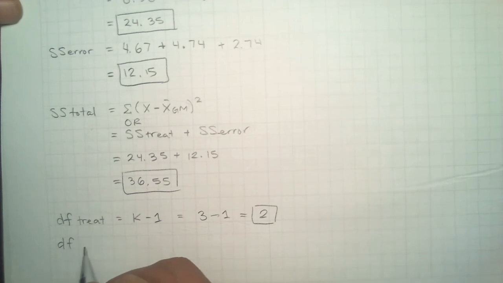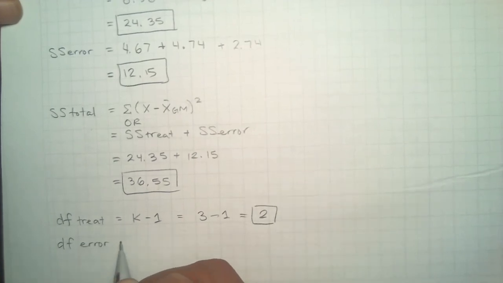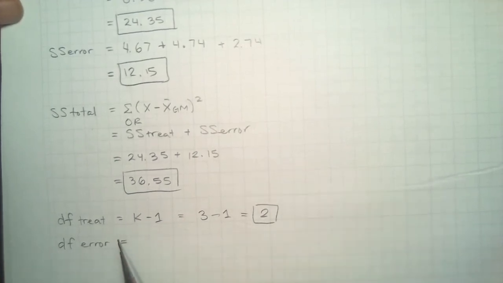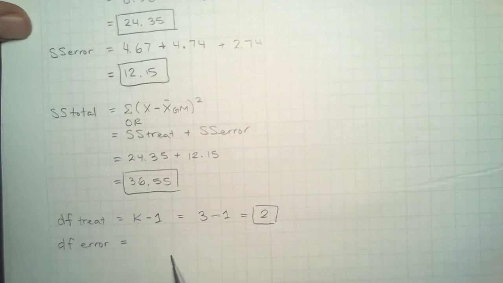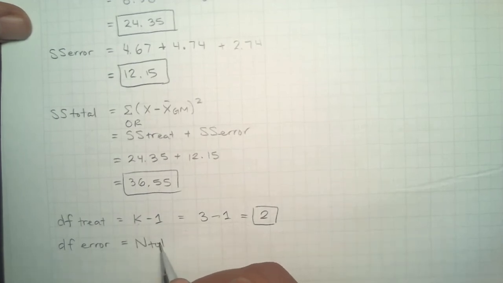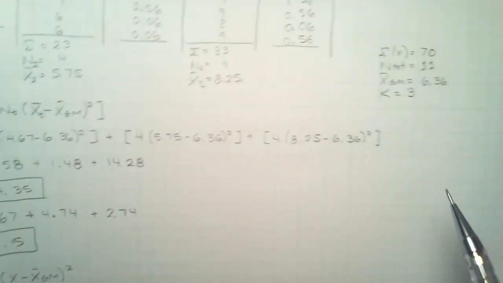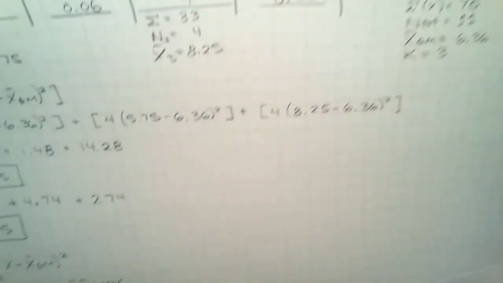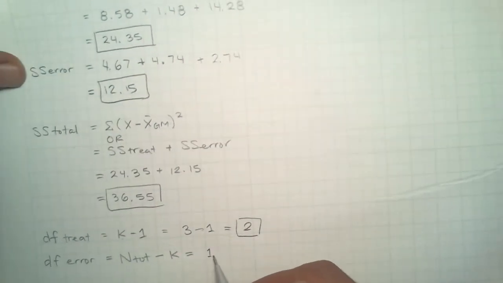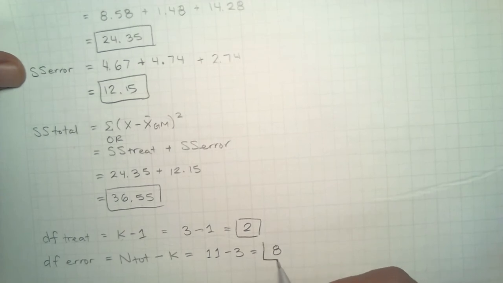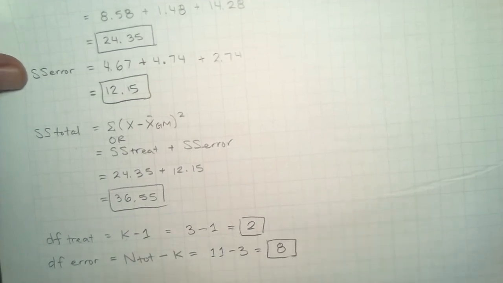Next is df error. So the way that I remember it is that I start off with k, so I'm going to continue with k. So it's going to be n total minus k. So that n total, again, 11, we have it labeled there. 11 minus 3. So our df error is 8.